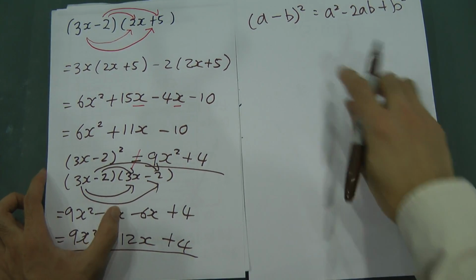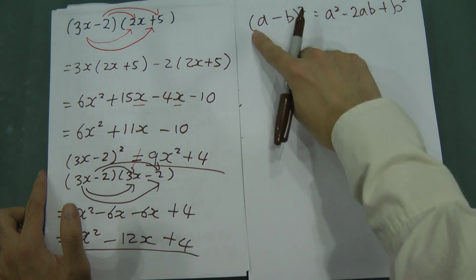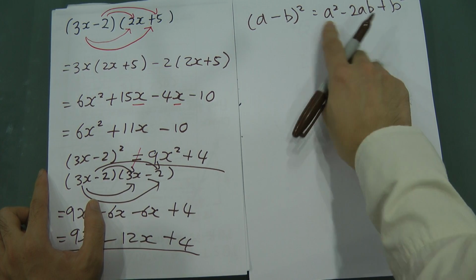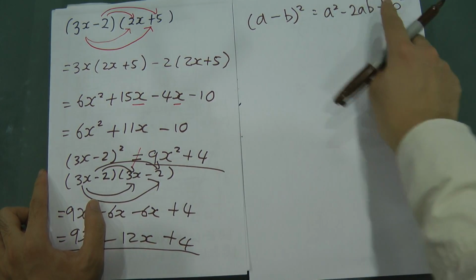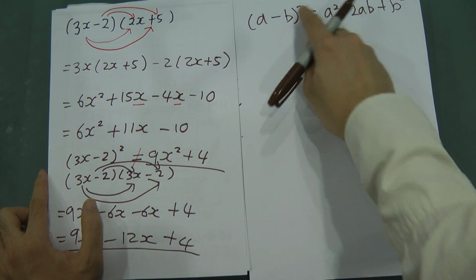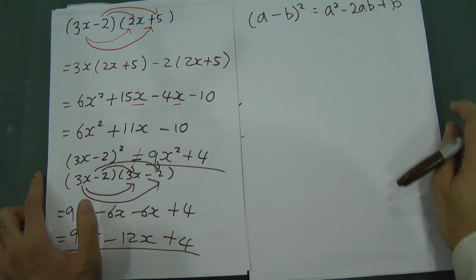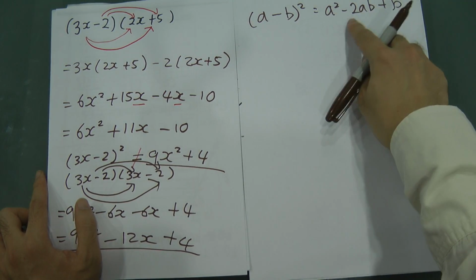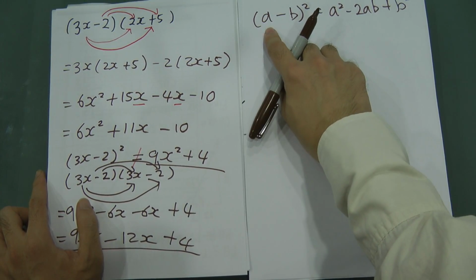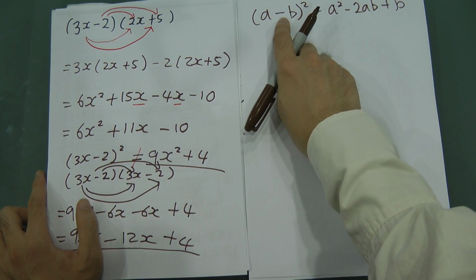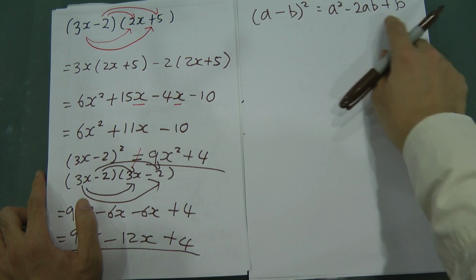First, you square the first one. You square the a, you get a squared. And then you square the last one, negative b. Negative b squared, we will get positive b squared, because negative b multiplied by negative b gives positive b squared. And then the middle here is 2 multiplied by a and then multiplied by b. 2 multiplied by a, we get 2a. 2a multiplied by negative b, we get negative 2ab.